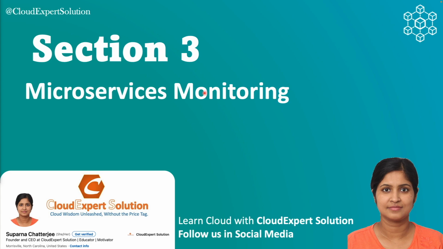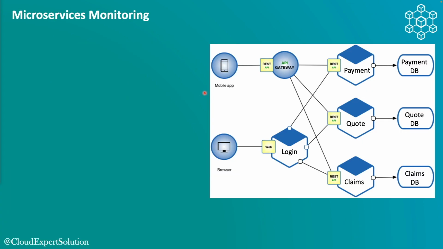Next is microservice monitoring. Let's assume I have this distributed architecture where I have browser or web applications and mobile applications. I am using an API gateway, and also I have a login module. And here are all those independent modules with a dedicated database. Once I encounter some issue, how can I manage and monitor this application?